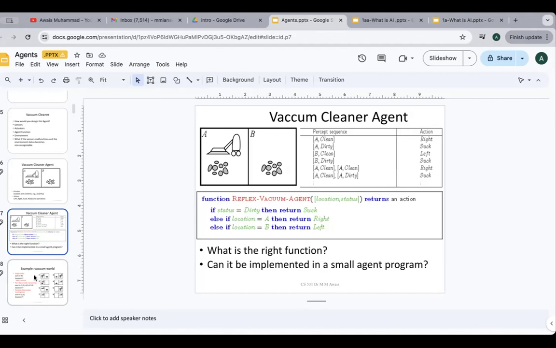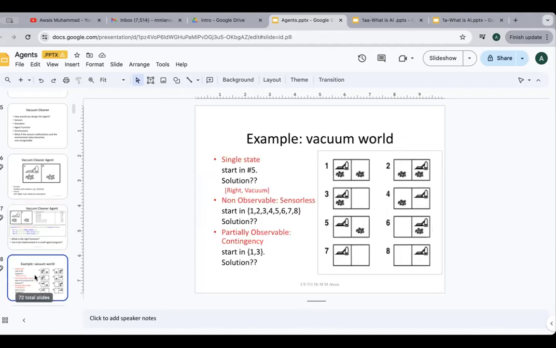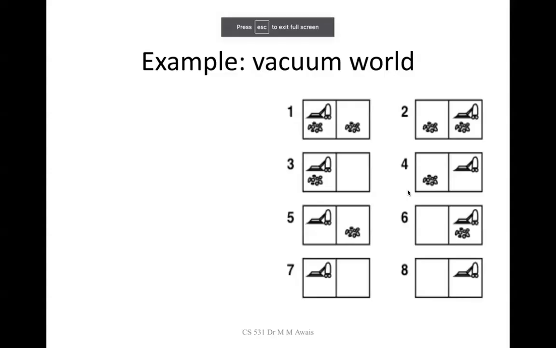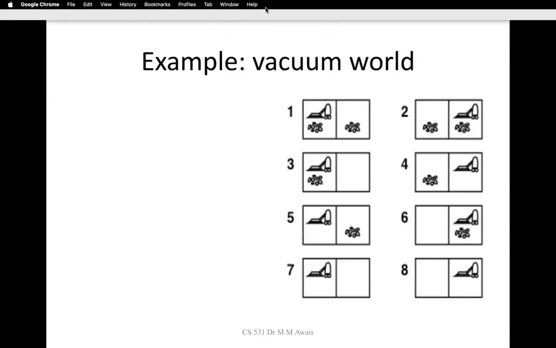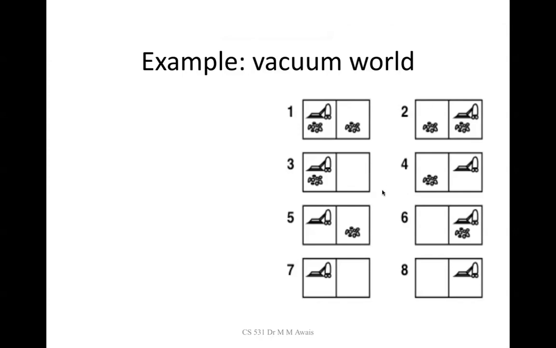Let's talk about the last thing about the vacuum cleaner world. This is an important aspect that I think you need to understand. If you have a vacuum cleaner robot, there are two rooms.